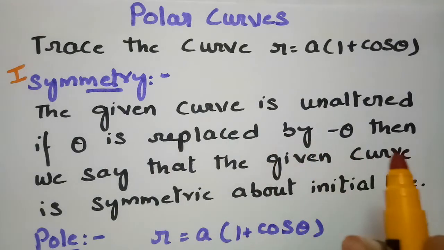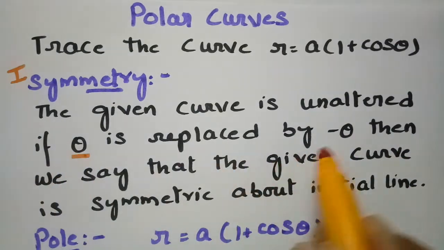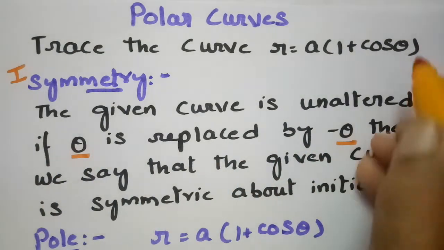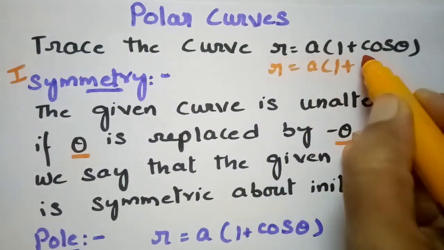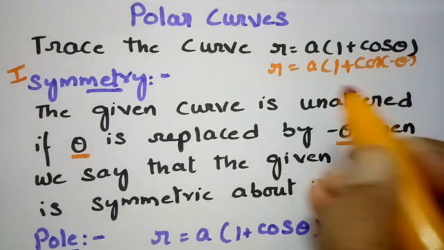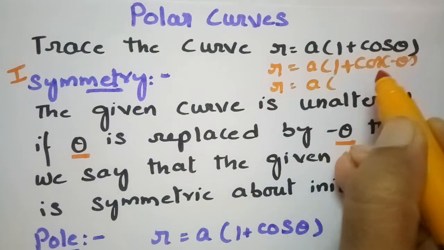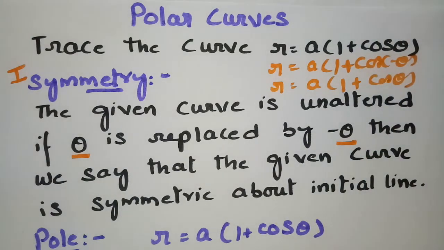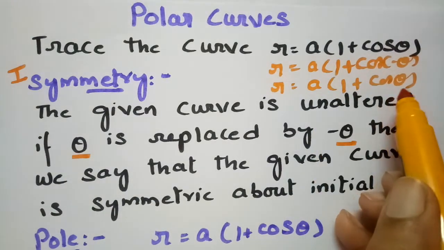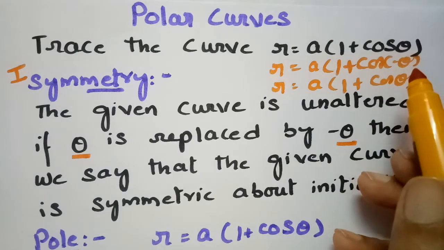See here, the given curve is unaltered if θ is replaced by −θ. So in place of θ, if I keep −θ, that is a(1 + cos(−θ)). As you know, cos(−θ) is again cos θ, so there is no change in the given equation.